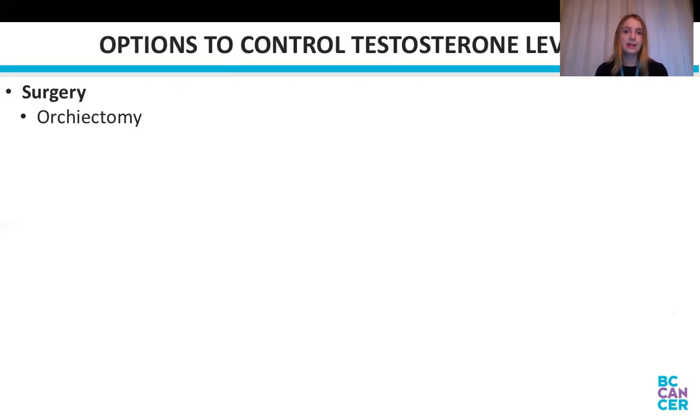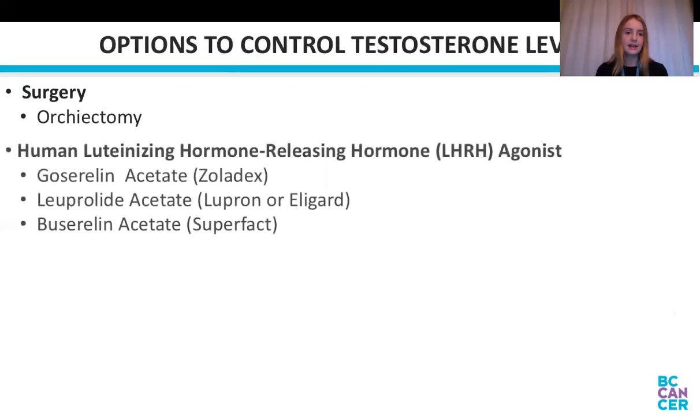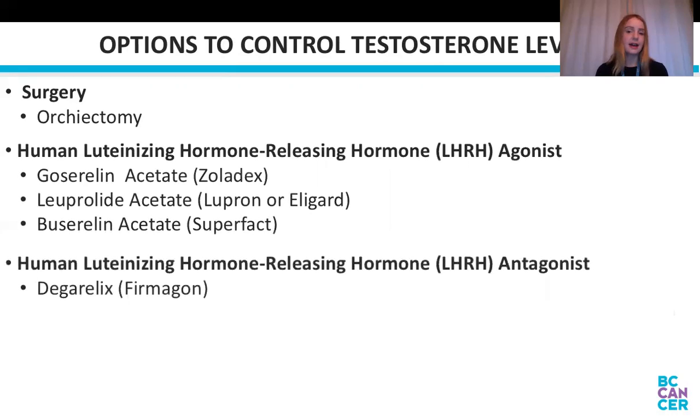So for injections, we have two types that can block the signal from the brain to the testes. One is called an LHRH agonist and another an LHRH antagonist. You may be familiar with some of these names, such as Zoladex, Lupron, Firmagon. These are really common injections that are prescribed for androgen deprivation therapy.